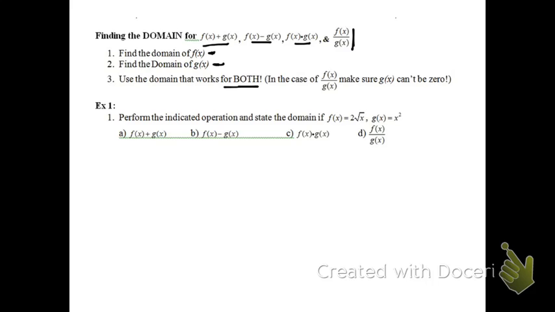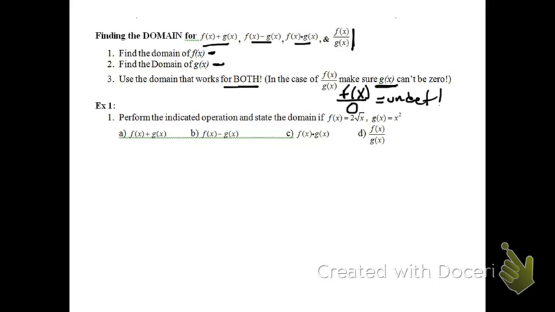In the case of division, f of x over g of x, you have to make sure that g of x does not equal 0. And if you think about it, that would make sense, because what if g of x equals 0? Wouldn't that be f of x divided by 0? And isn't that undefined? So we would have to do one more step if we have that division.